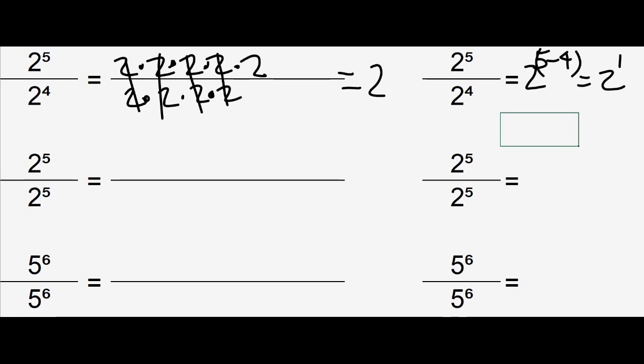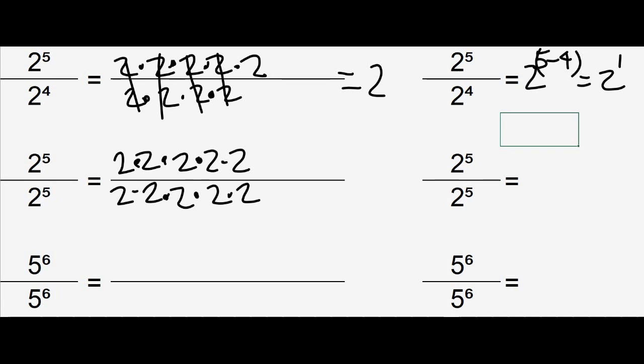And another important thing, if I have 2 to the 5th power divided by 2 to the 5th power, and I'm actually multiplying all these 2's together, it's quicker to do the dots all at once.